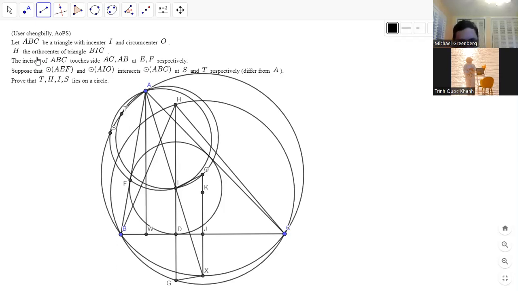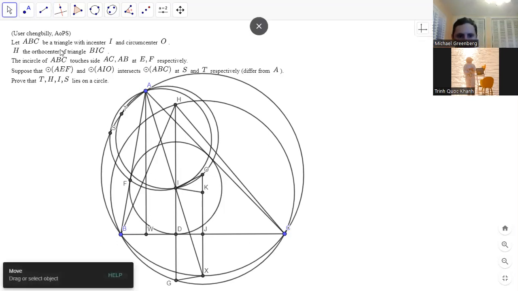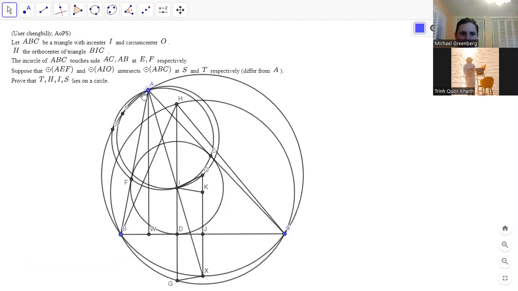So yeah, how do you get IX? It looks like, yeah, IKXG is an isosceles trapezoid.